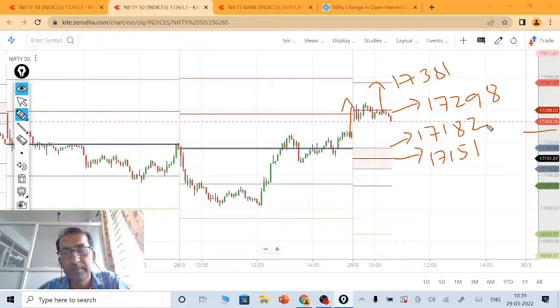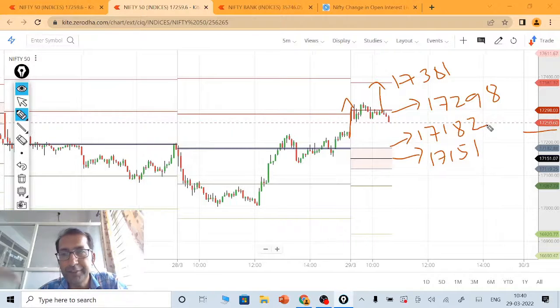So there is a chance that Nifty can test 17,182. Currently Nifty is at around 17,261. If Nifty takes out 17,298, then you can go long for a target of 17,381. And Nifty has got good support at the pivot, that is 17,151.